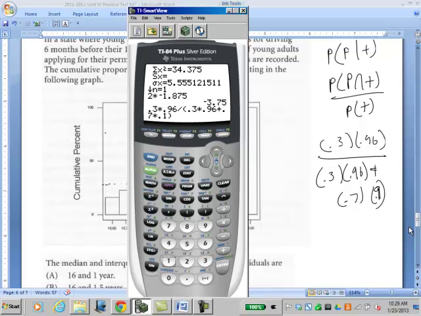Remember, the probability that you're not pregnant and you get a positive test is 0.7 times 0.1.